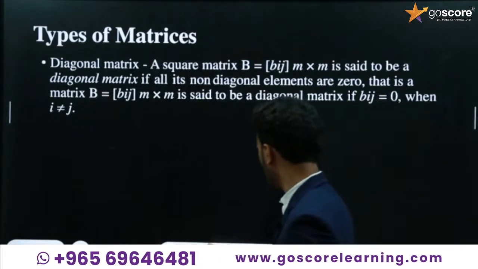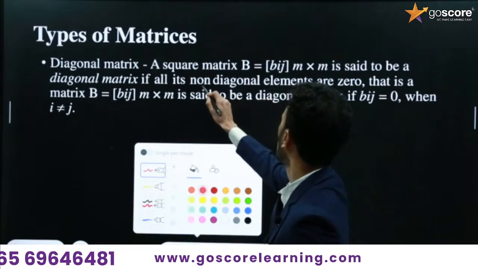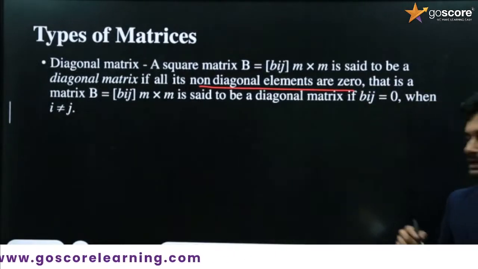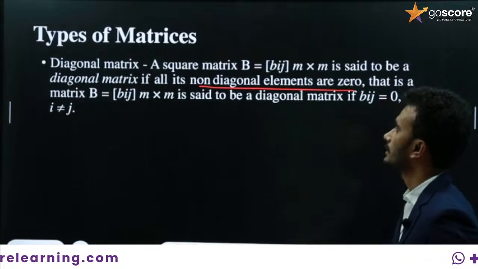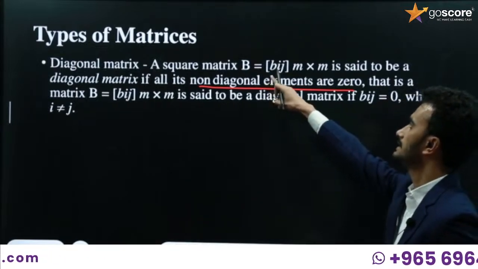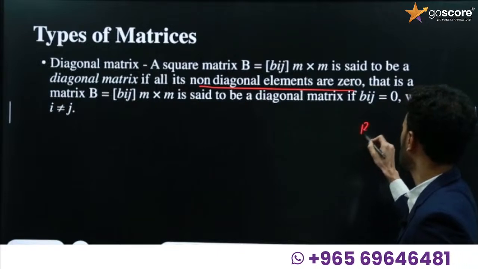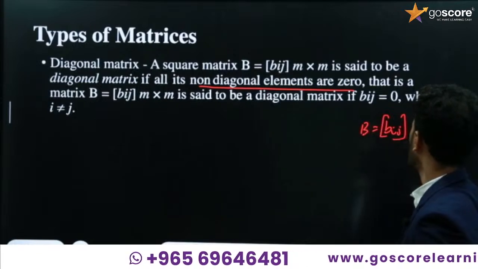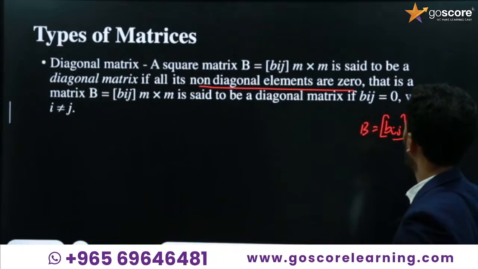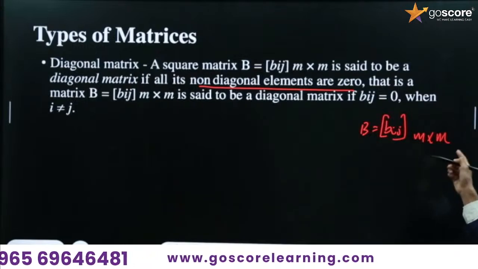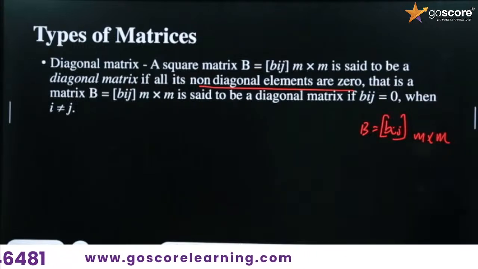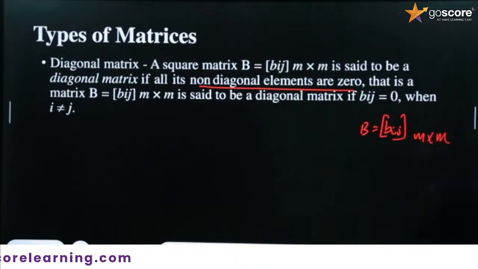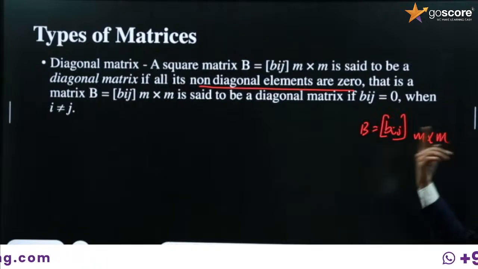A square matrix B equals b_ij, of order m by m. That means m rows and m columns, so it is in the order of m. Rows and columns are equal, so we can call it a square matrix.